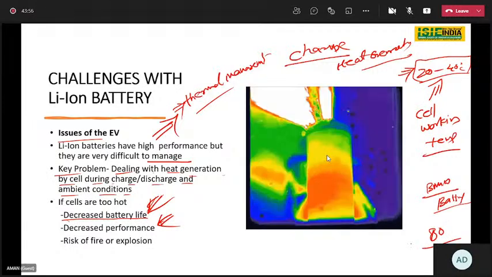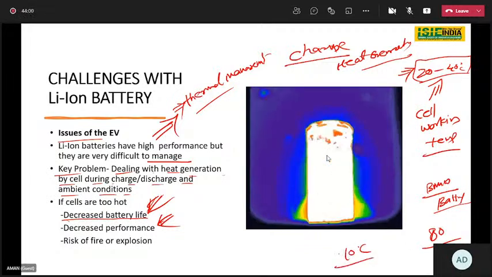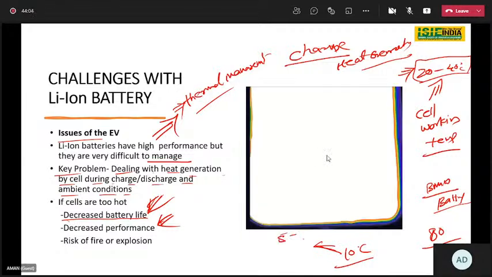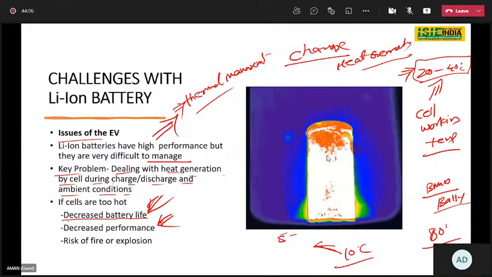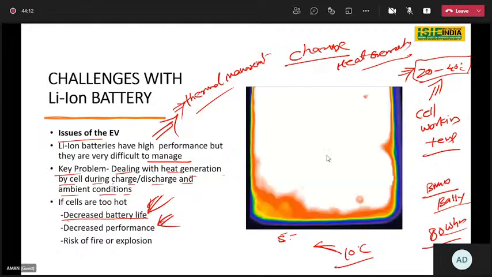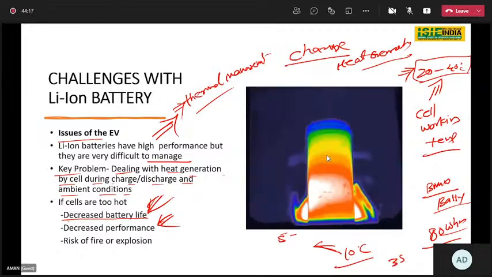If the temperature is, let's say, 10 degrees Celsius, and it is reduced down to -5 degrees Celsius, what exactly happens? It will decrease the overall efficiency by, let's say, 35%.